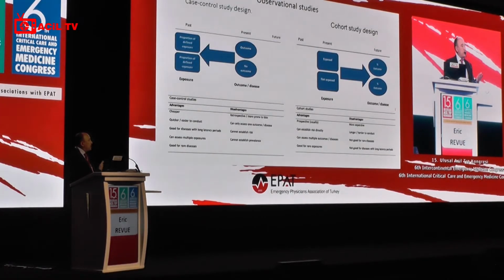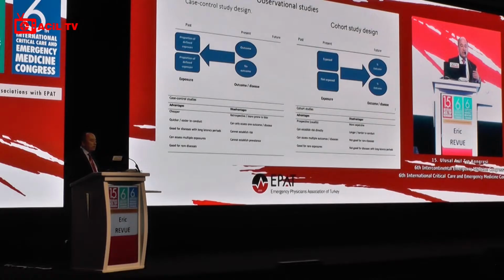Observational studies are what we use a lot in our emergency department. There is some bias, but it's very easy to do because we have a lot of data in our emergency department. A case control study is very simple to do. You put it in a computer, you want to analyze a disease, and you can analyze the population of patients.